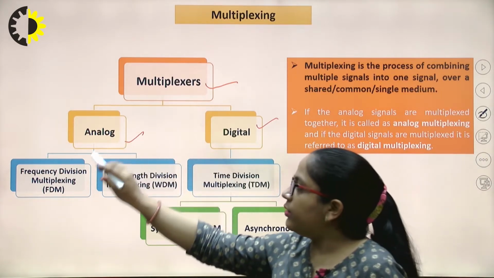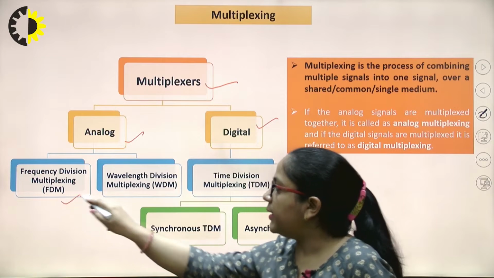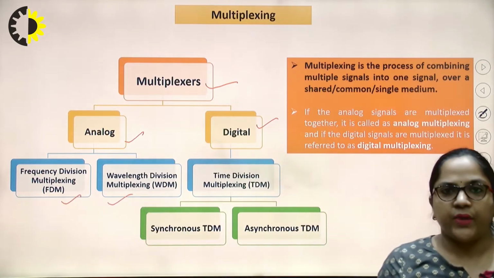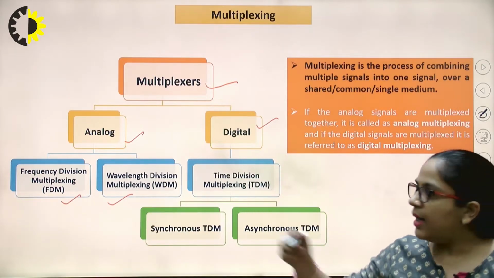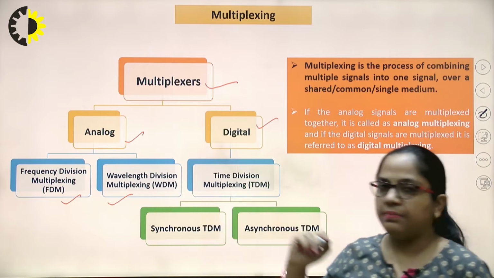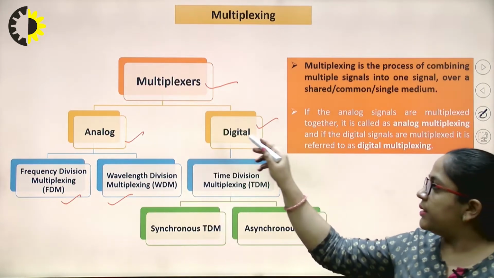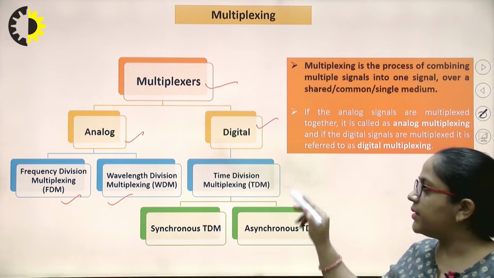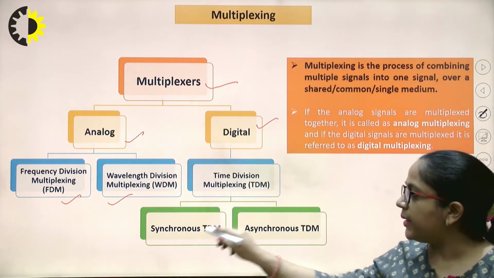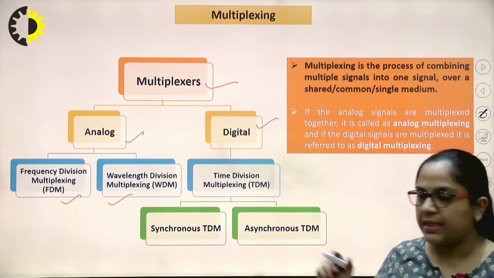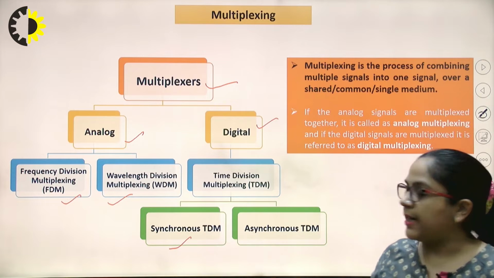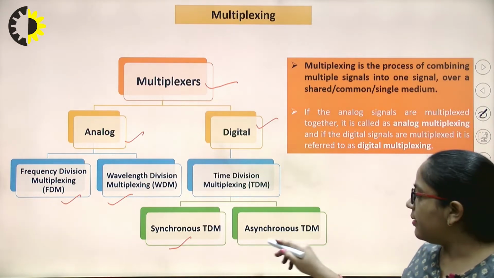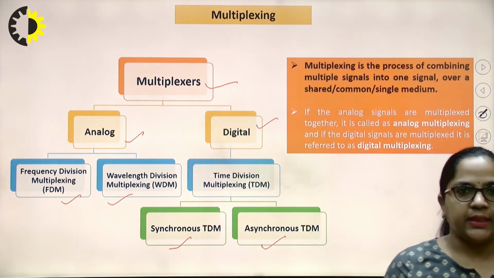Further, analog multiplexing technique can be divided into two types, that is frequency division multiplexing and wavelength division multiplexing. The digital multiplexing technique is time division multiplexing, where we have two subcategories, that is synchronous time division multiplexing and asynchronous time division multiplexing.